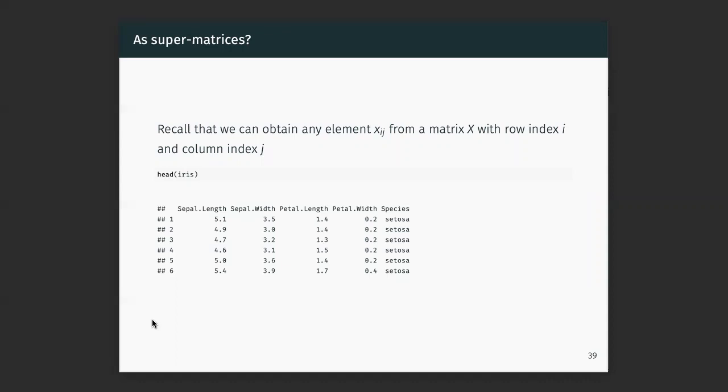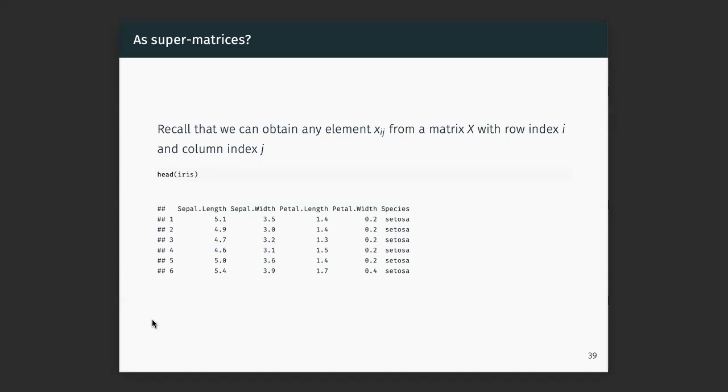3, 4? Iris 3, 4. Can you say that a little louder? So row 3, column 4. 3, 1, 2, 3, 4. 0.2.